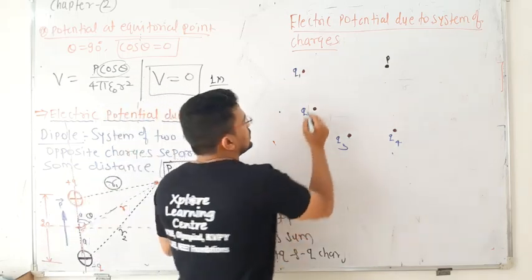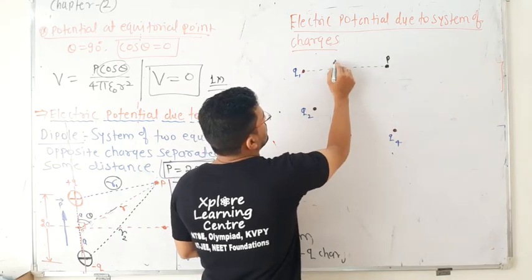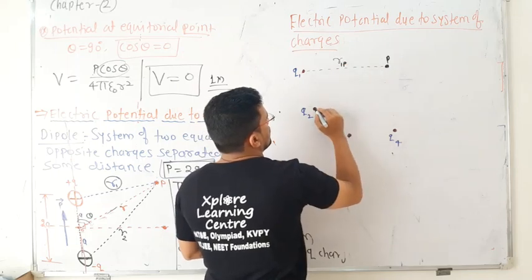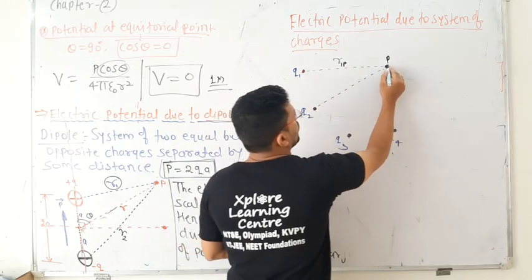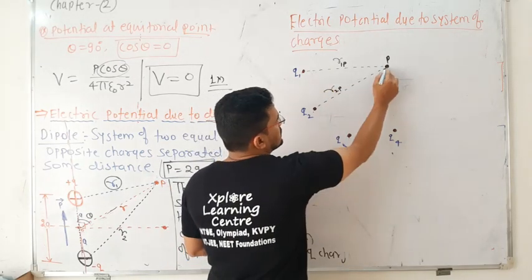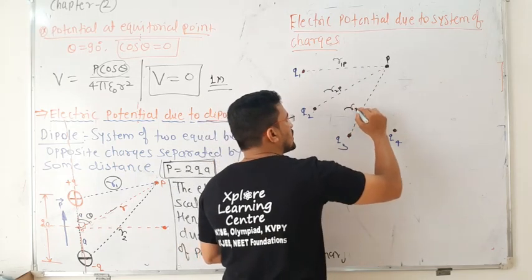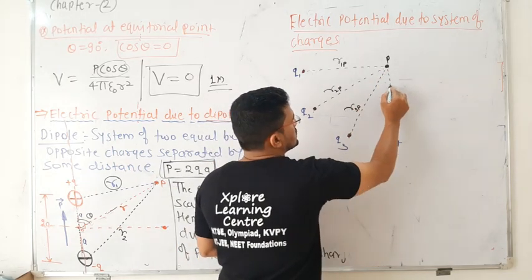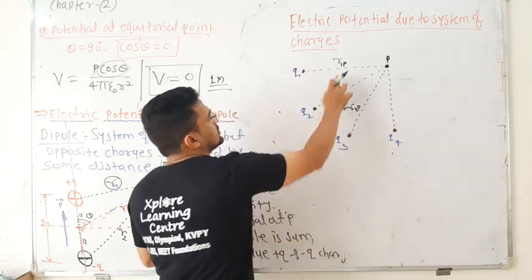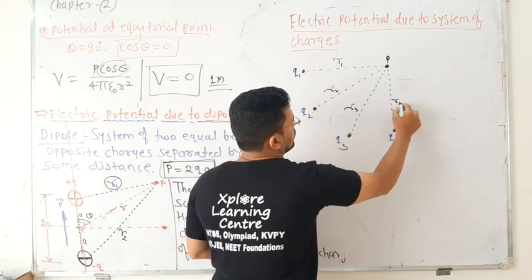This is the distance between the point P and q1, so I will mention this as R1P. This is the distance between the point P and the second charge, so it becomes R2P, and this is the distance between the third charge and the point P, so it becomes R3P, and so on. Otherwise, simply call them R1, R2, R3 and R4.